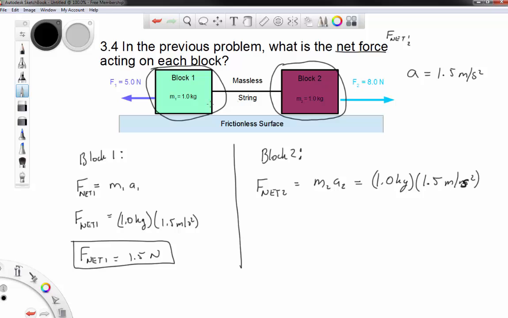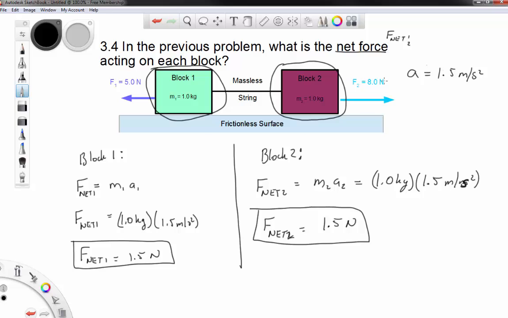And this is because both blocks are accelerating together, they're going to have the same acceleration. So F net 2 is going to be equal to 1.5 newtons. So in this case, both blocks have the same net force acting upon them. I should note here that that's not true for all cases.